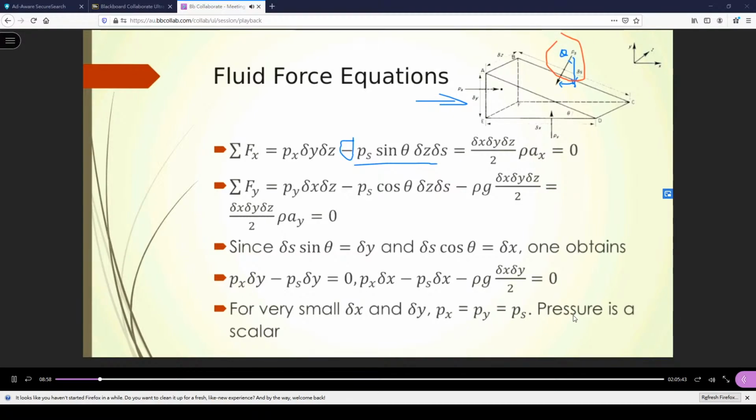So P sine theta is this force, and it is acting on surface ABCD. The area is delta z, and the length of the inclined surface is delta s. So this is the force due to the pressure acting on this ABCD.